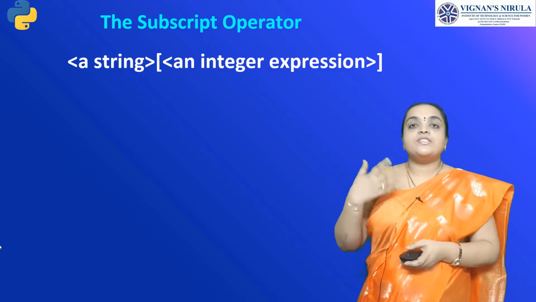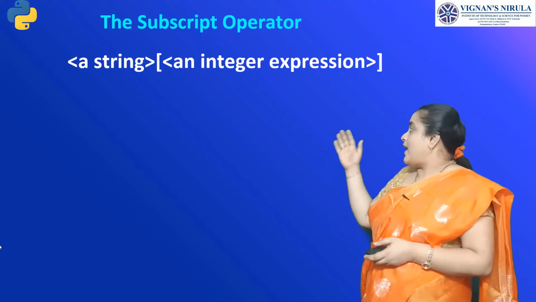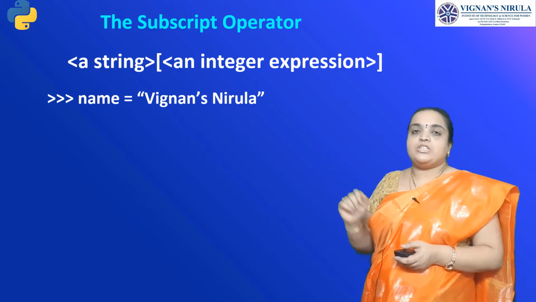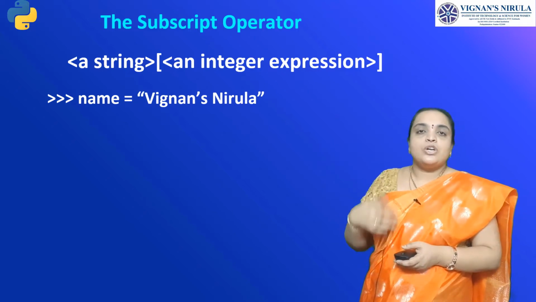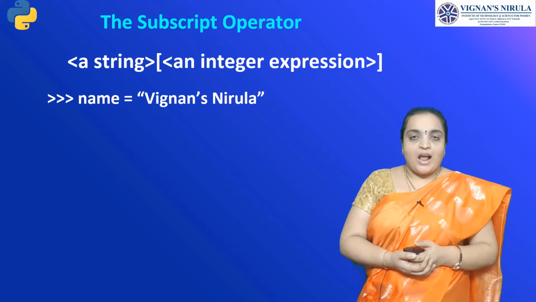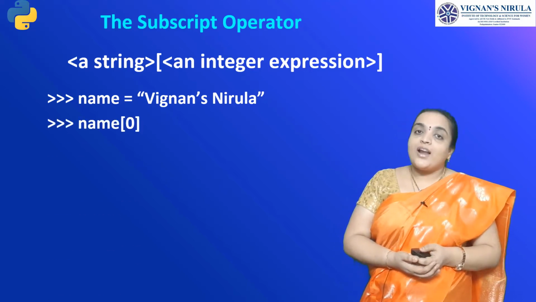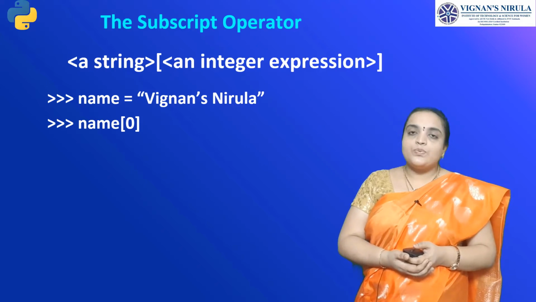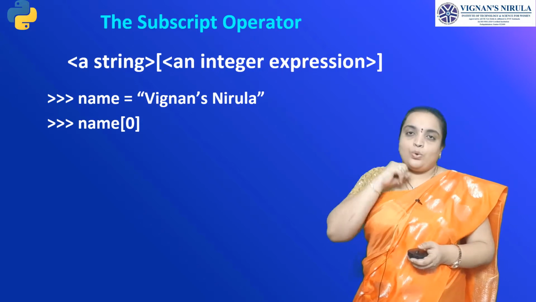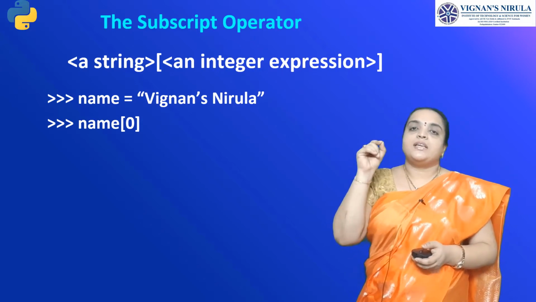So how does the string look? What is the syntax of a string? A string with an integer expression. We will give the string an integer expression. Okay. So let us take a string that is our college name, Vignan's Nirula. The string is Vignan's Nirula. So in this, let us extract name[0], the character which is there in the index 0.